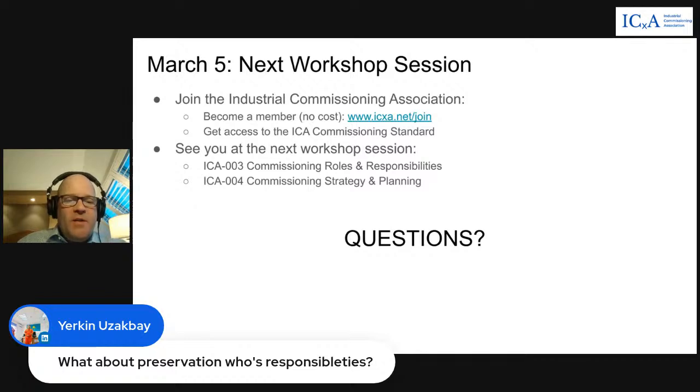What about preservation? Who's responsible? That's all defined in our commissioning execution plan. There's a specific document on preservation that's a sub-document of our commissioning execution plan, so definitely get that document template that exists in the members area of the Industrial Commissioning Association.